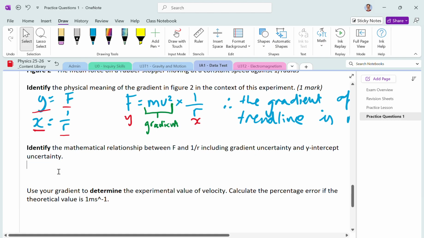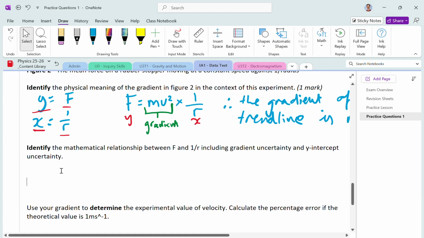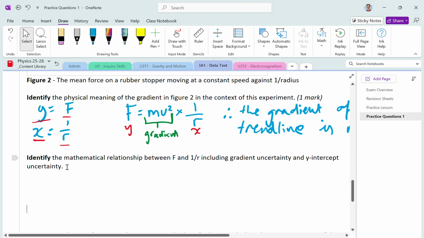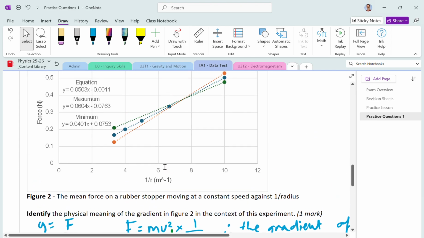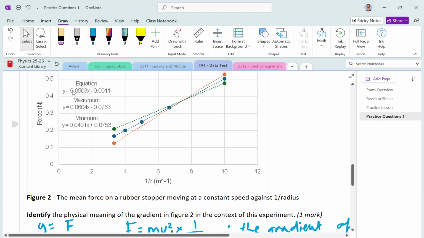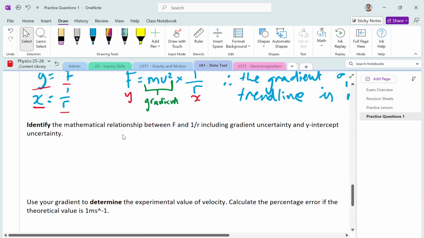Okay, the next question says identify the mathematical relationship between force and 1 over r, including gradient uncertainty and y-intercept uncertainty. All right, so we have looked at questions where you've been asked to identify the relationship, and generally you might not be given an equation of the line.